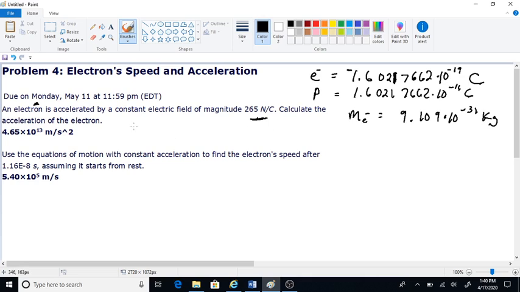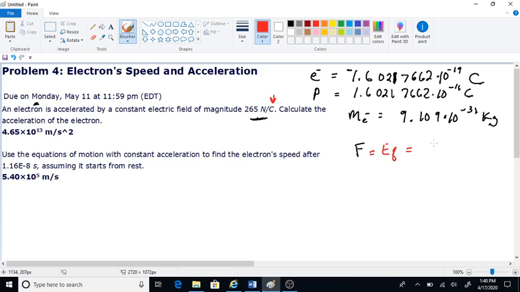They want the acceleration of the electron. Well, you need this equation that we haven't really done yet: F equals EQ, where E is the electric field and Q is the charge. They have to play nice, so we need coulombs on our charge. Beautiful. Just fill in and solve.